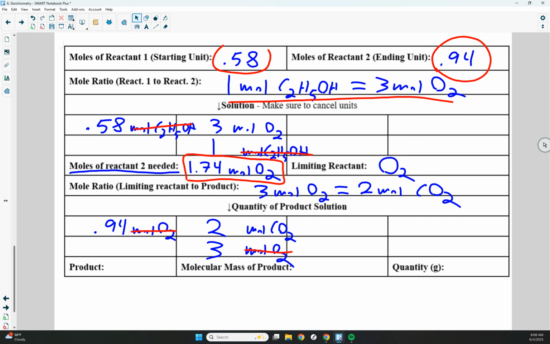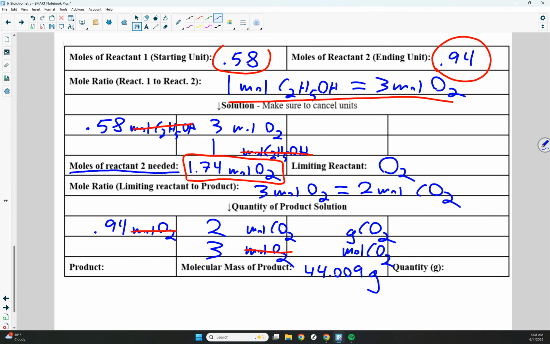And now I need to figure out how much mass of CO2 I can get out of this. So I'm going to have to convert from moles of CO2, which I'm going to put down here, into grams of CO2. For that, I'm going to use my molar mass of CO2, which is the product. So I'm going to write that down here, 44.009 grams.